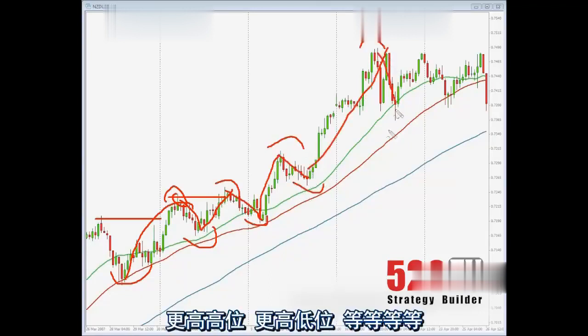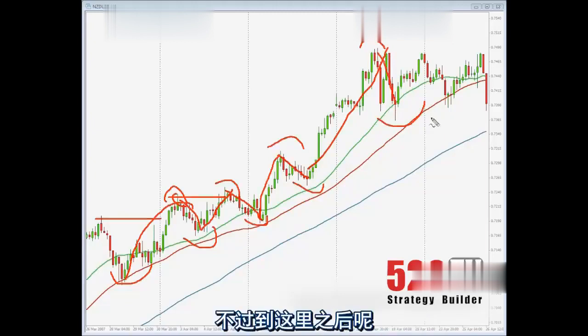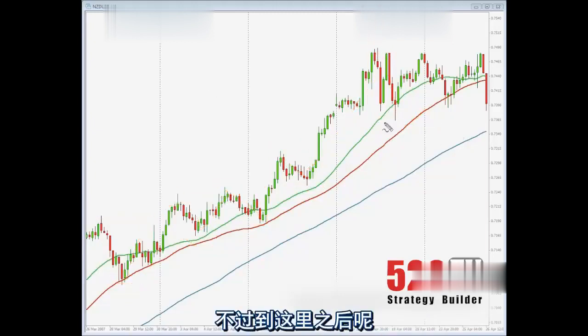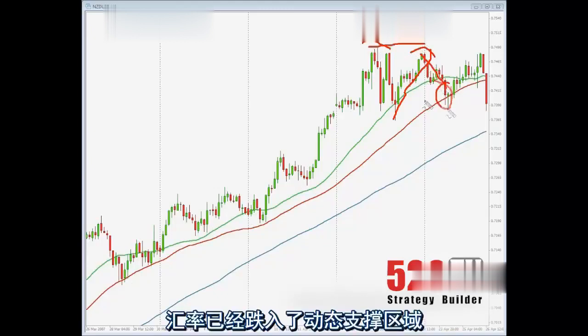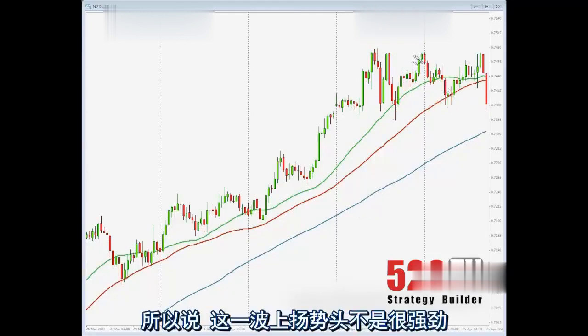But now what do we see? We see a lower high. We can't take the previous high before beginning to retrace down to the dynamic area of support. All right, fair enough.